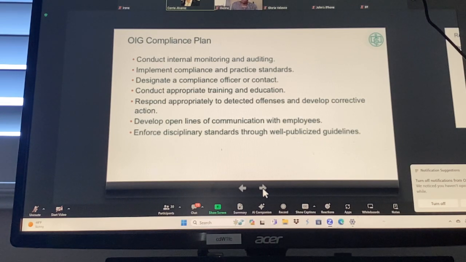It should be a live document, and you do the best you can. For example, where it says conduct internal monitoring and auditing, you have to decide how you're going to do that, internally, externally, how often. It depends on your practice and your ability to do that. But this is the expectation.